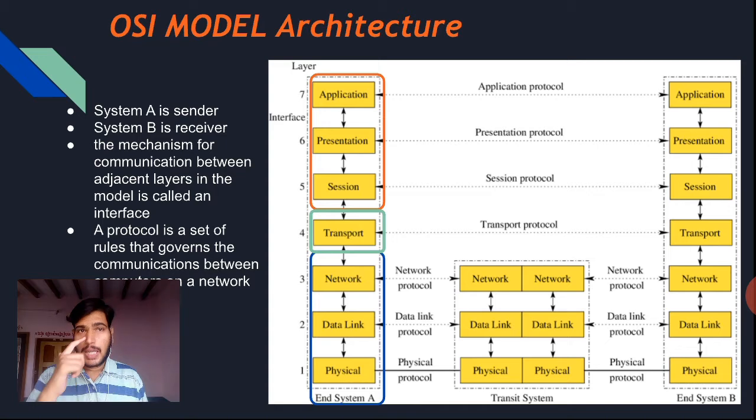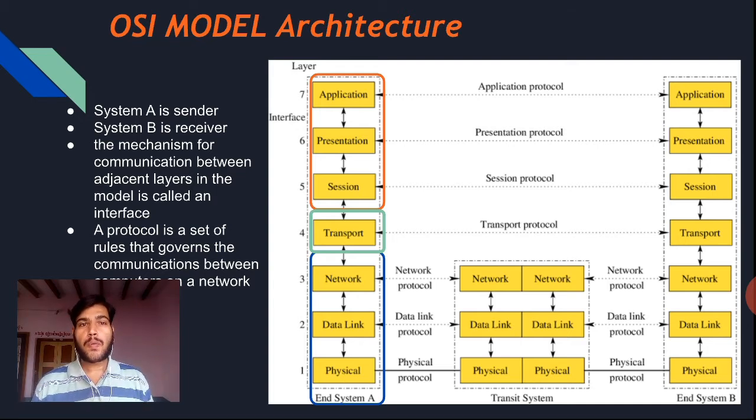You can observe in this architecture I have marked the interface between layer 7 and layer 6. That is called the 7-6 interface. Similarly, there is a separate interface between the 6th layer and 5th layer, called the 6-5 interface, and so on. There is an interface between each adjacent layer.